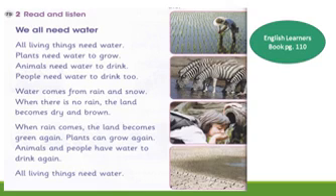When there's no rain, the land becomes dry and brown. When rain comes, the land becomes green again. Plants can grow again.